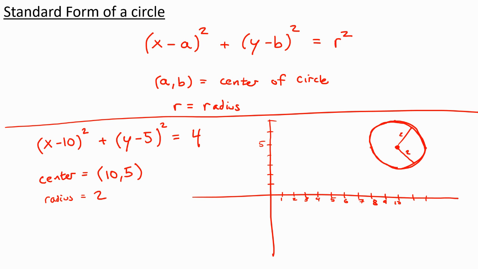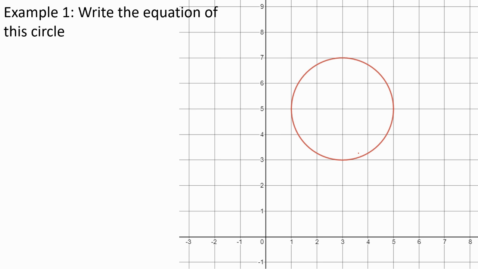So it's usually good to make those points and just connect the dots. So that's standard form of a circle. Now, here's a typical type of question. We're given a graph of a circle. We need to write the equation of this circle in standard form.